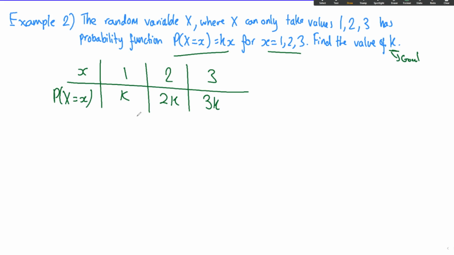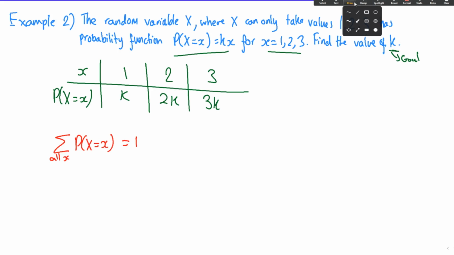Now you might be wondering, how can we find k from this table of values? Well, we can use a nice little rule, which is this. If we get all values of x, so in this case it will be 1, 2, and 3, and we sum the probability function for all of them, we'll get 1.